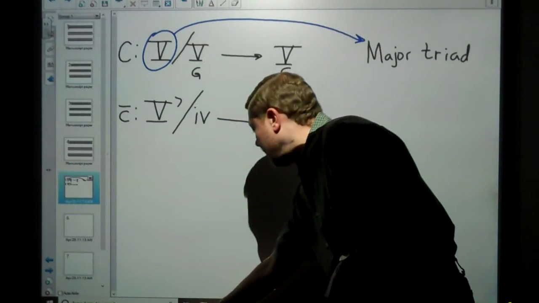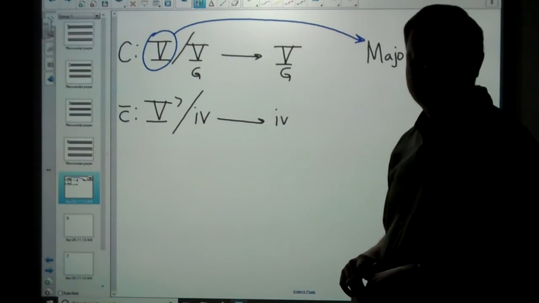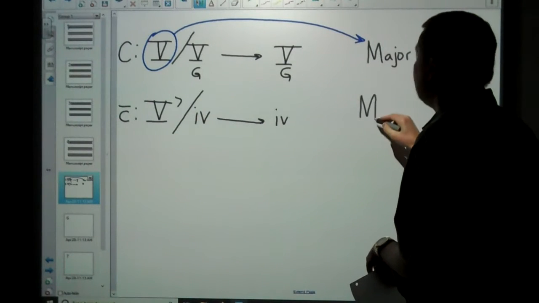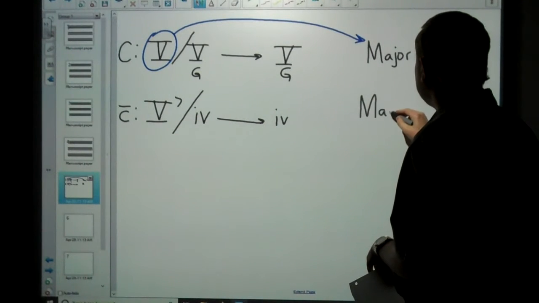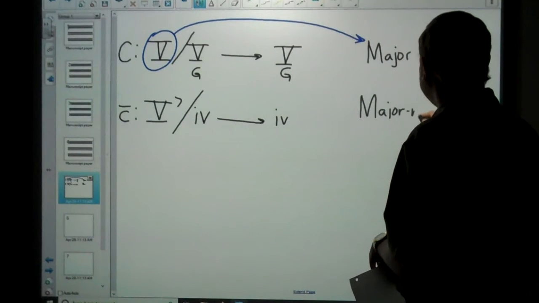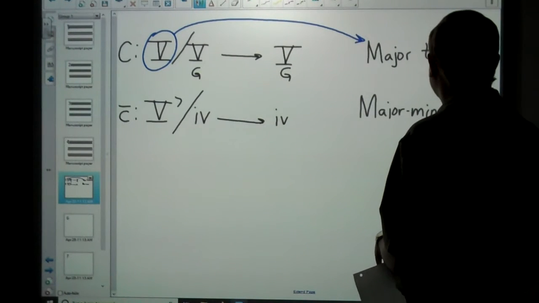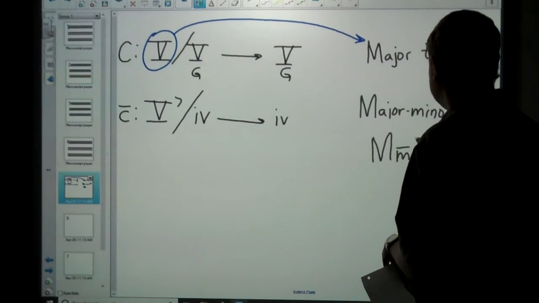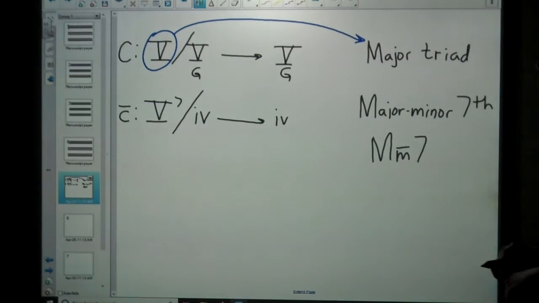And similarly, when you have a secondary dominant 7th, or a 5/7 of a chord, that dominant 7th is always a major minor 7th chord. We know it as capital M, little m, 7. A major minor 7th chord.